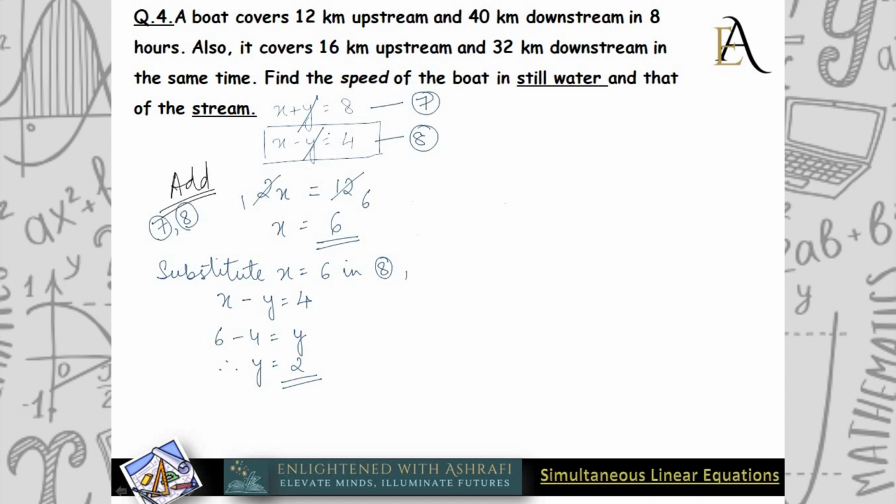Therefore we had taken the speed of the boat as x and that of the stream as y.